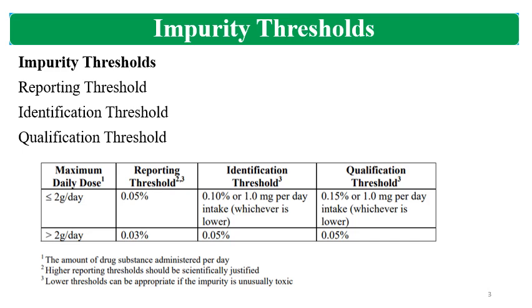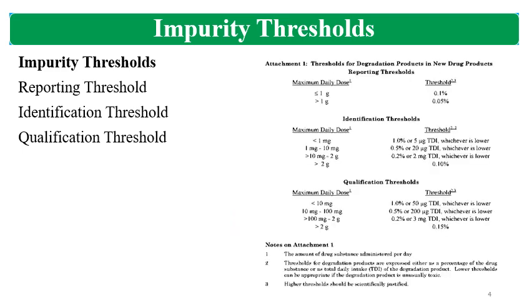So identification means identifying the chemical structure and quantifying it. Qualification means generating the safety data based onto the toxicological studies of the impurities. So this is regarding the thresholds for API.